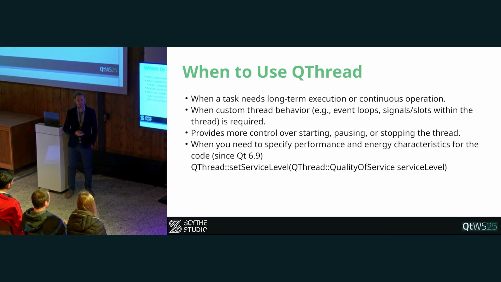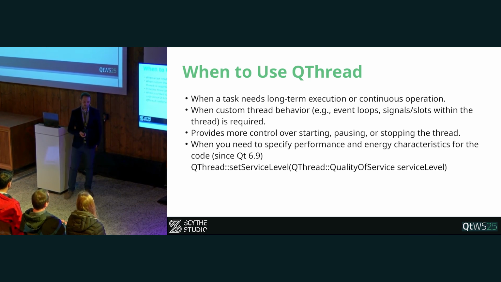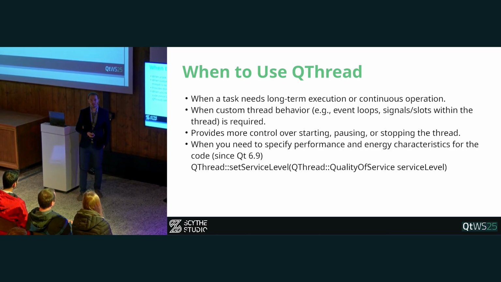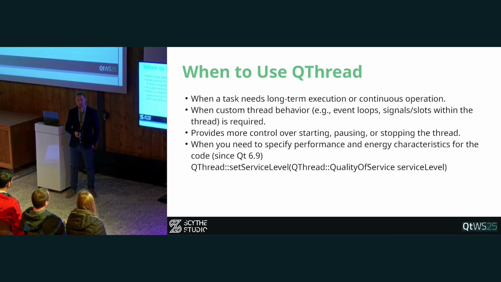Nowadays, CPUs often have two types of cores. One type is performance cores, and another type is power efficient cores.